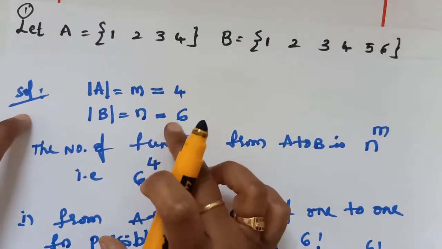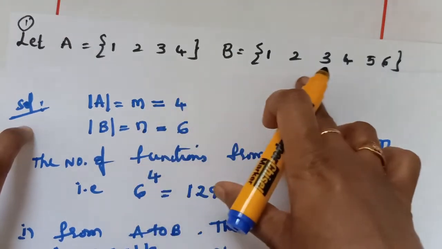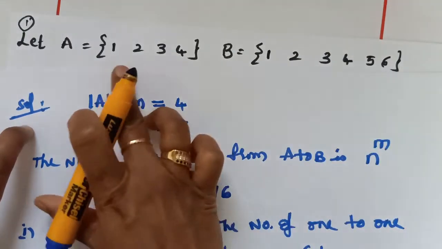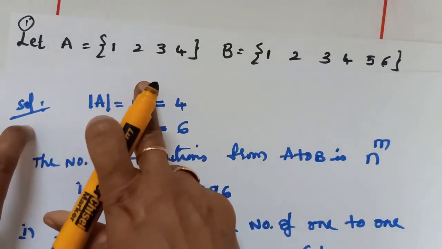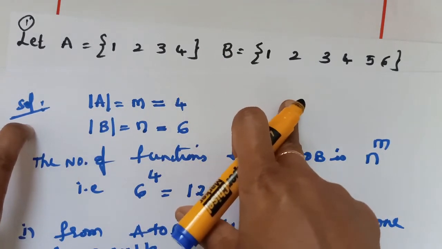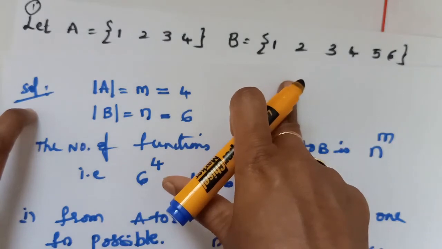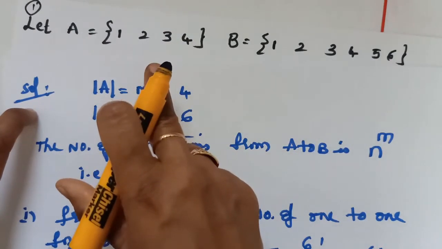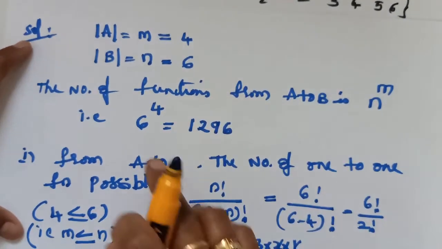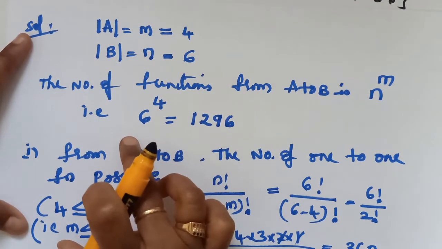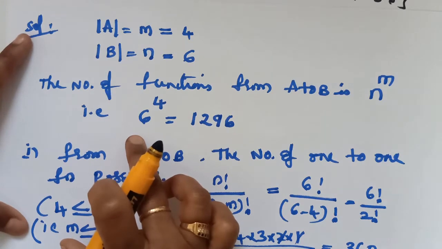Let me revise. A is equal to {1, 2, 3, 4} and B is equal to {1, 2, 3, 4, 5, 6}. You have two finite sets with 4 and 6 elements. You are finding how many functions are possible from A to B, how many 1-to-1 functions exist, and how many onto functions there are from A to B. From A to B, there are n power m functions possible.